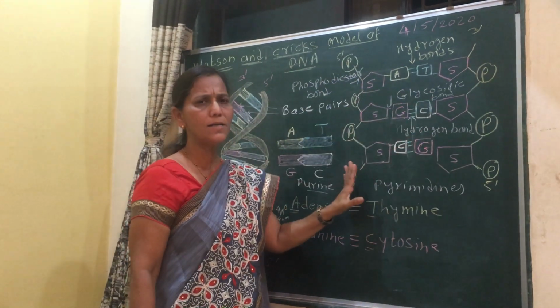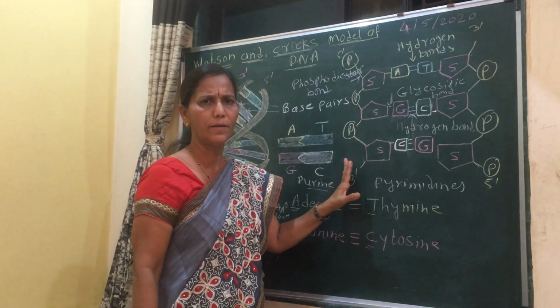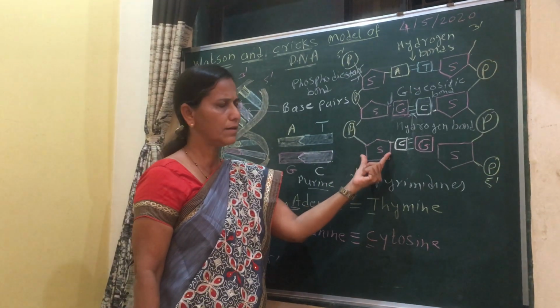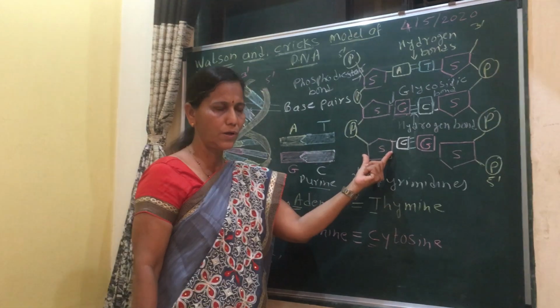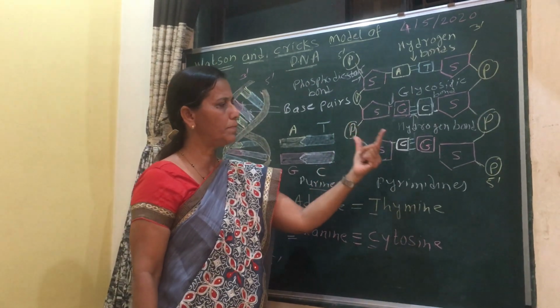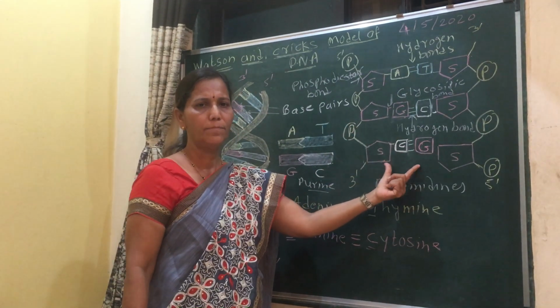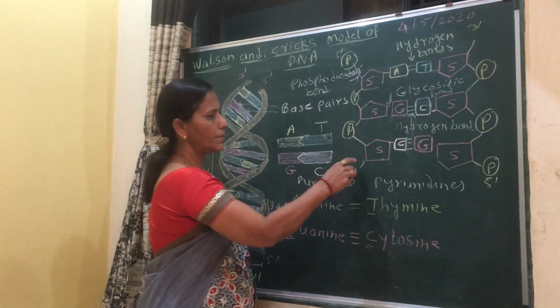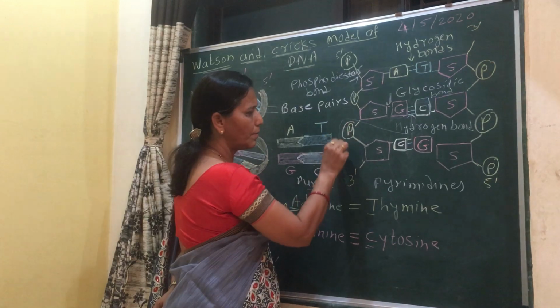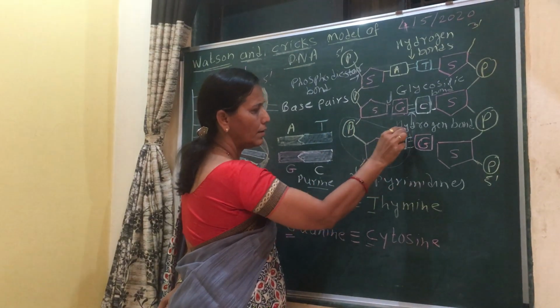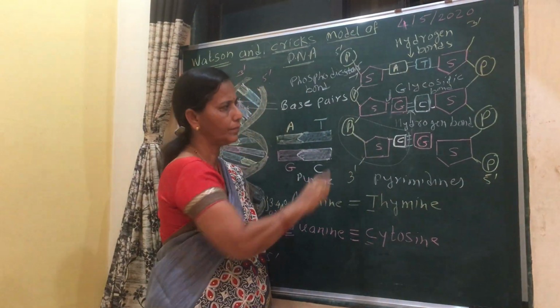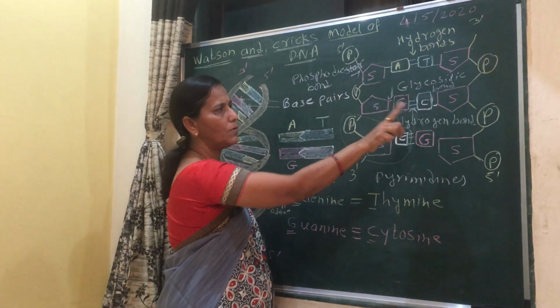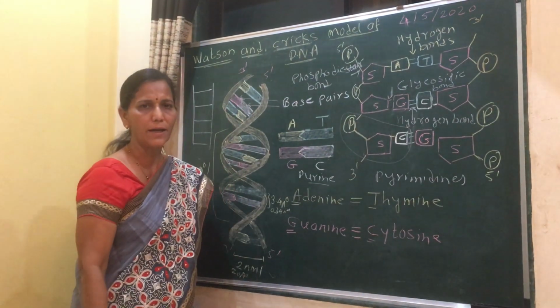This is the chemical structure of the DNA. That is, it consists of deoxyribose sugar, phosphate group, and nitrogen bases. The structural and functional unit of DNA is the nucleotide. DNA is made up of two polynucleotide strands.